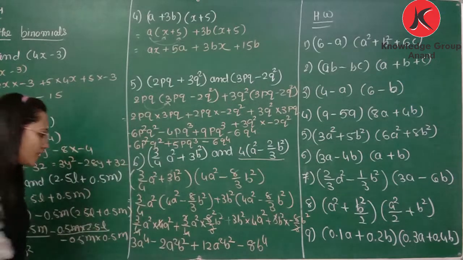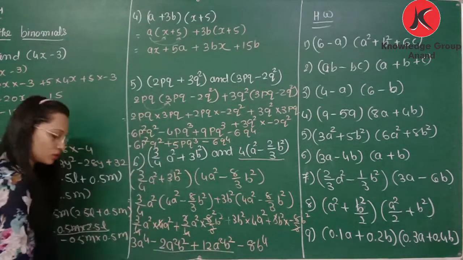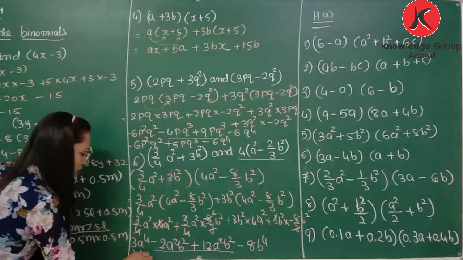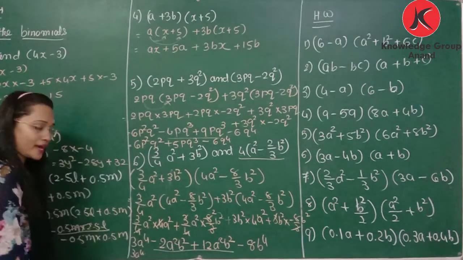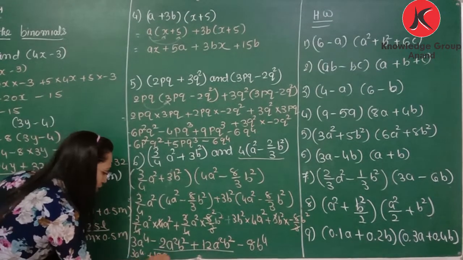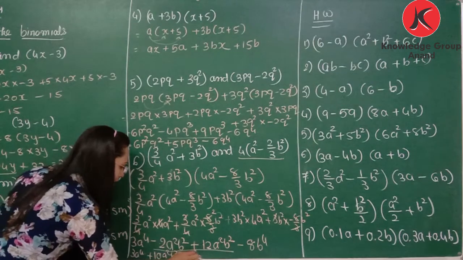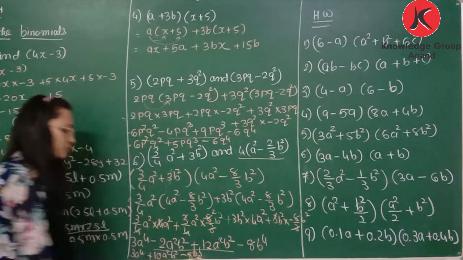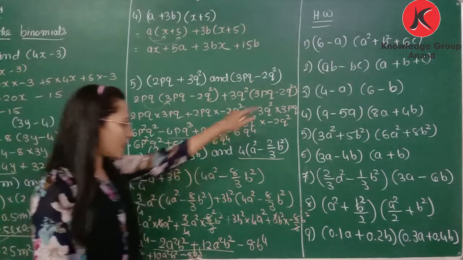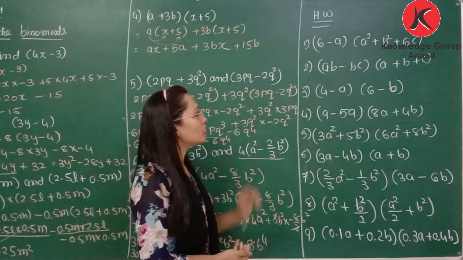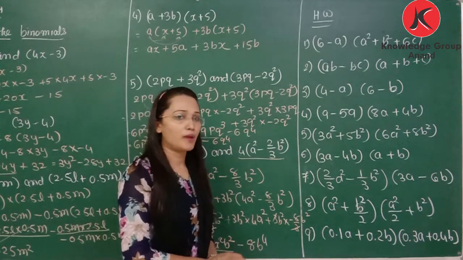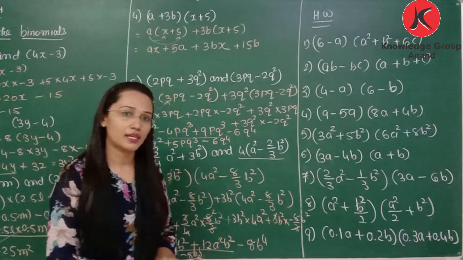Now this will be our answer. You can also simplify this. So it is 3a raised to 4, minus 2 plus 12, 10a square b square, minus a b raised to 4. Here some examples will be in your homework. Please try to solve these examples, but be very careful whenever there is a negative sign.